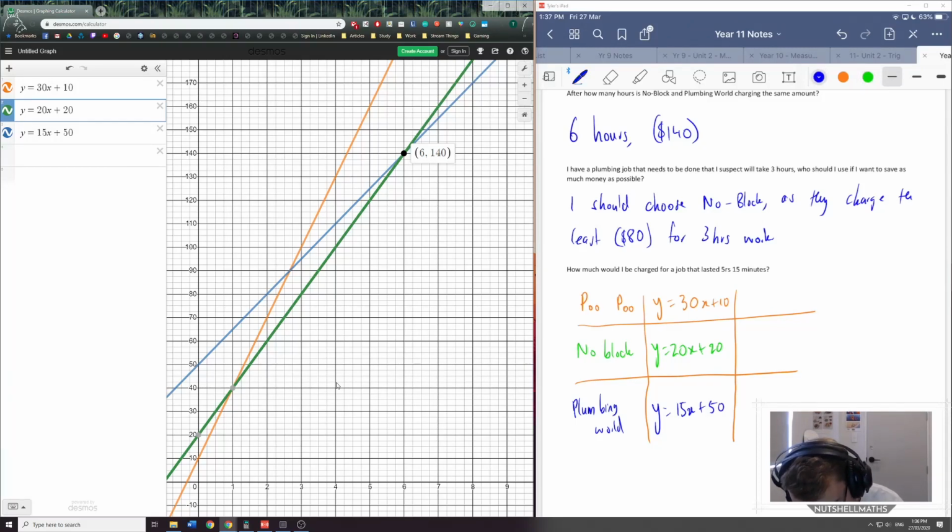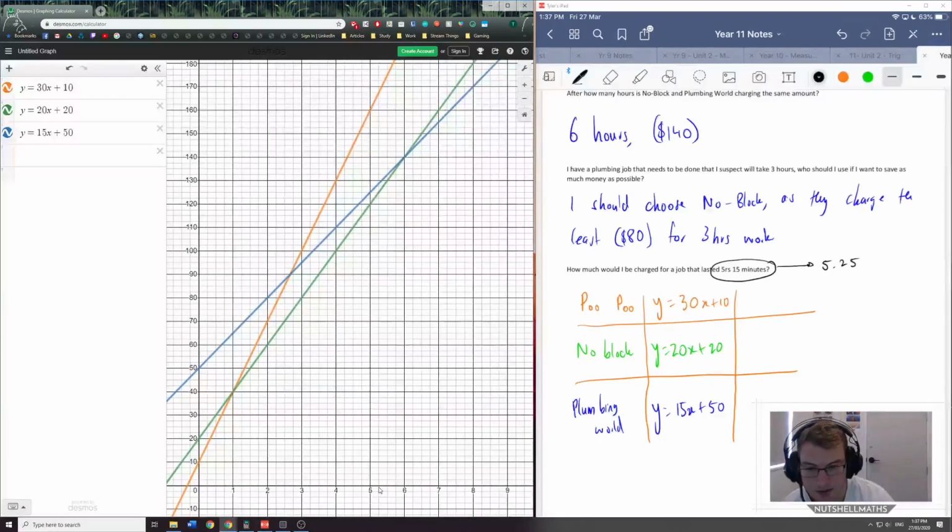So firstly, let's fully understand 5 hours 15 minutes. If I turned that into a decimal, what would it be? 5.25, because 15 minutes is 1/4 of an hour. So we're looking at 5.25.